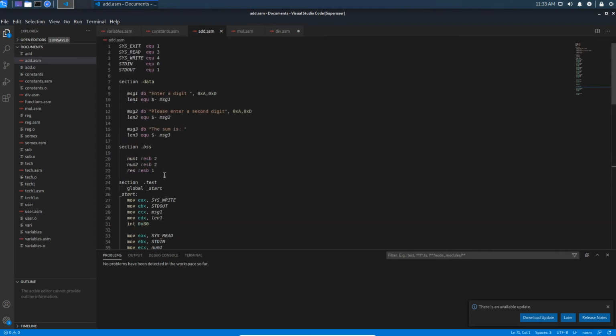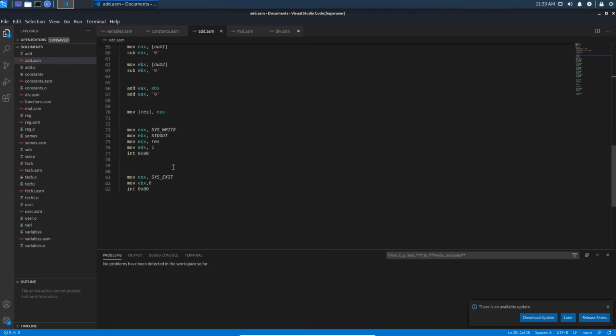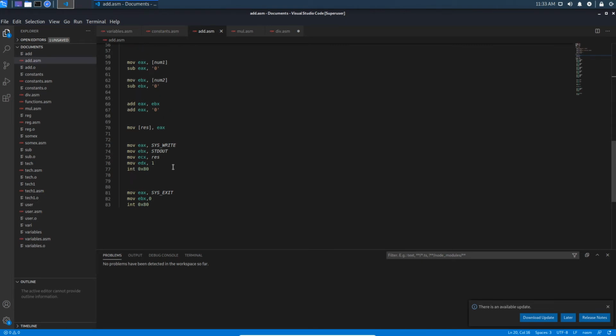You can see we reserved bytes for result, number 1 and number 2, as we don't know how many bytes we need to allocate. At last we interrupted the kernel with the relevant system call.